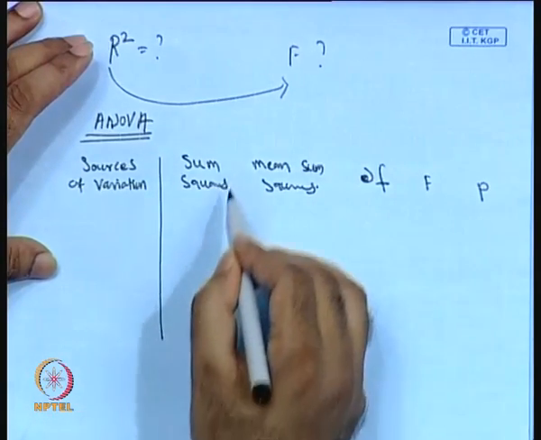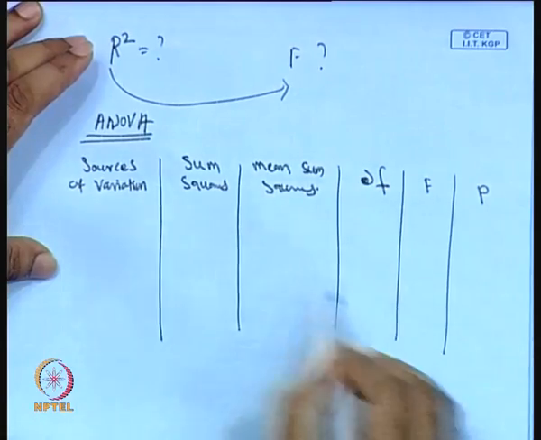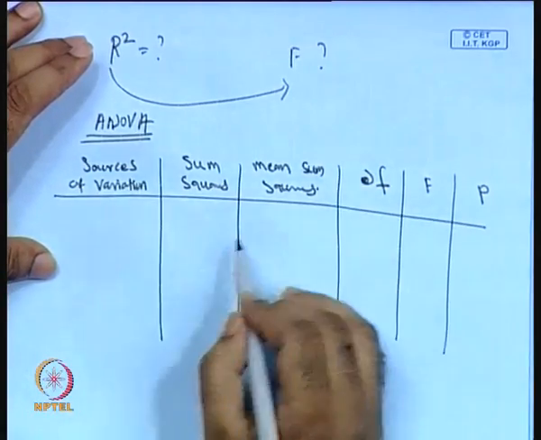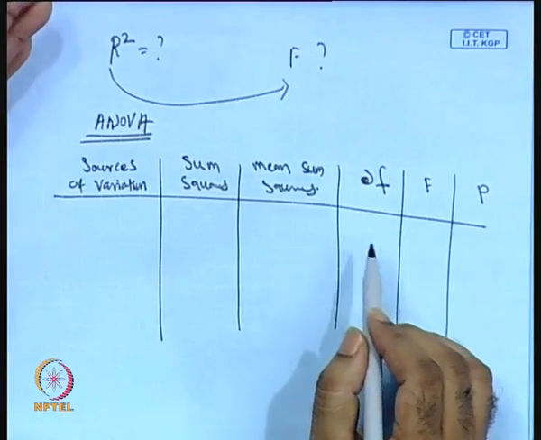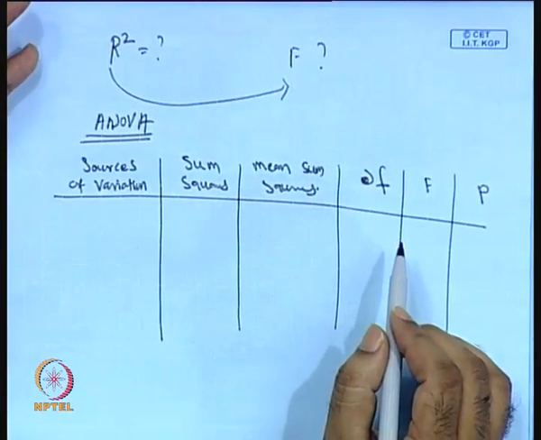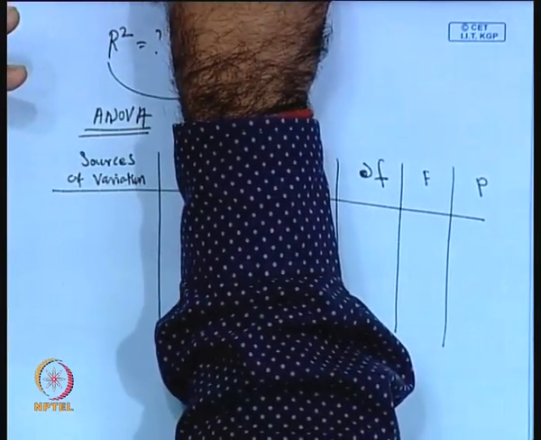This is how you have to prepare the table. So, the table contains the sources of variations, sum squares, mean sum squares, degrees of freedom, F statistic and probability level of significance.